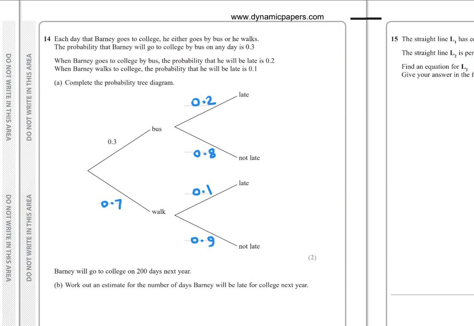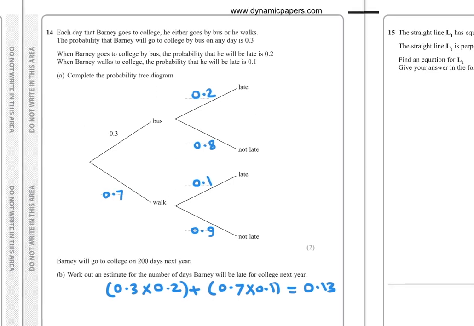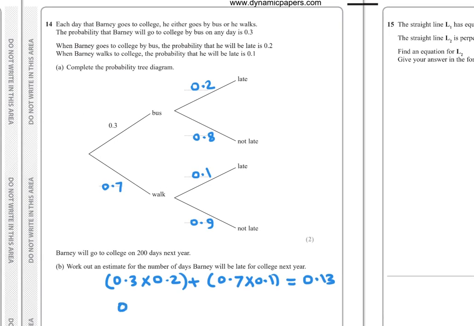So 0.3 times 0.2, this means bus and late, plus walk and late, so 0.7 times 0.1 equals 0.13. Now to find the number of days, multiply the probability by the total number of days, which is 200, so 26 days.